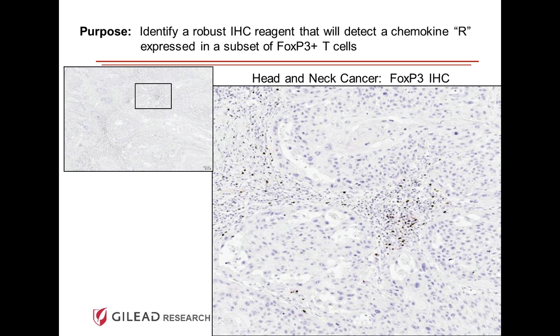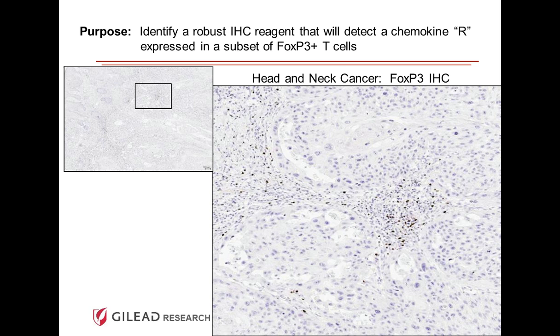So in this case, we wanted to identify that the robust IHC reagent was truly specific and that it will also detect a chemokine, which we're going to call chemokine R, expressed in a subset of FOXP3 positive T cells.